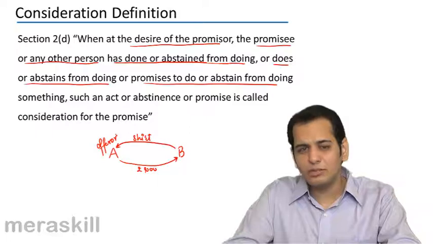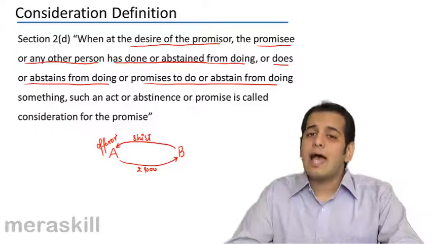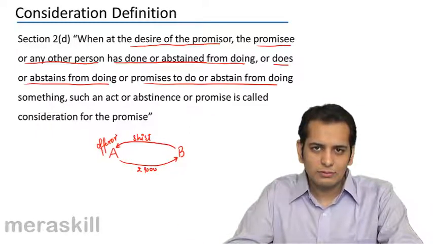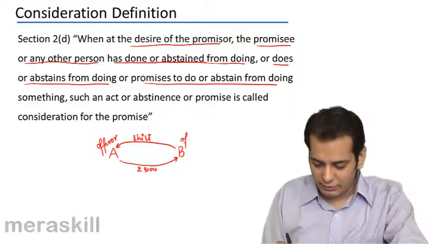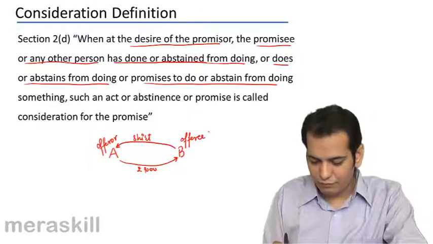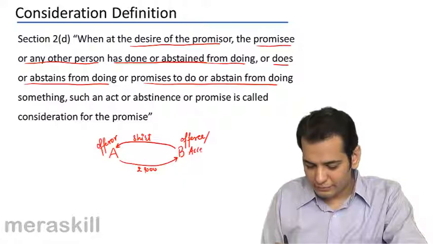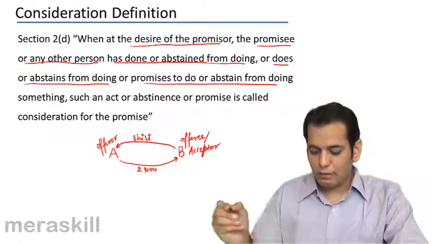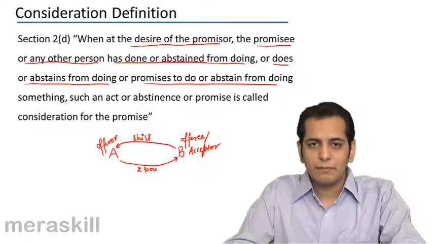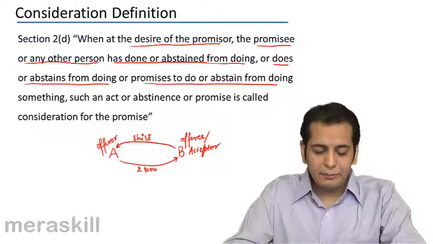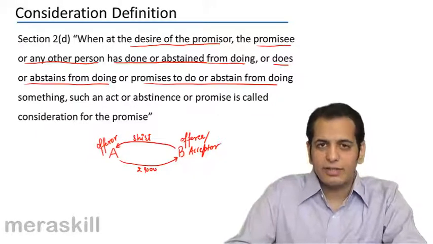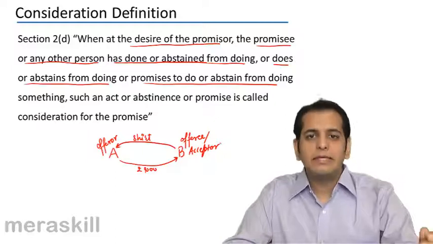And what does B do here? B accepts his offer. So he becomes the offeree or acceptor.